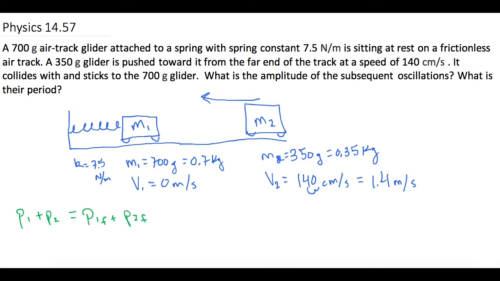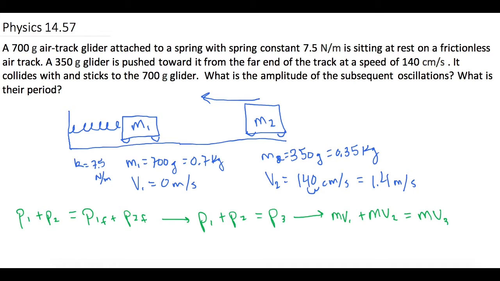But they tell us that the two masses smash together and stick together, so let's rewrite this as P1 plus P2 equals P3, P of course being momentum. We can break that up now as mass 1 times velocity 1 plus mass 2 times velocity 2 equals mass 3 times velocity 3.